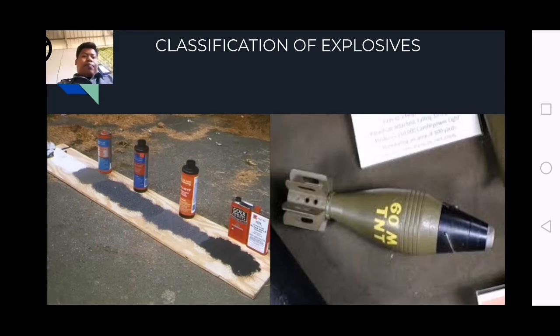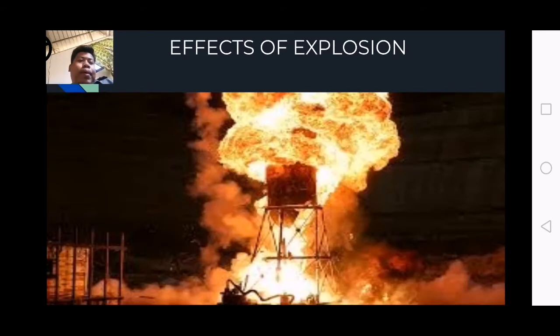So next slide. So effects of explosion. Ano nga ba yung mga magiging epekto ng isang explosion o ng pagsabog? So makita natin sa picture na dito sa slide ito, may sunog. Bakit? Kasi nga mayroong sumabog. Once na may sumabog, magkakaroon nito ng burning katulad nga kanina.